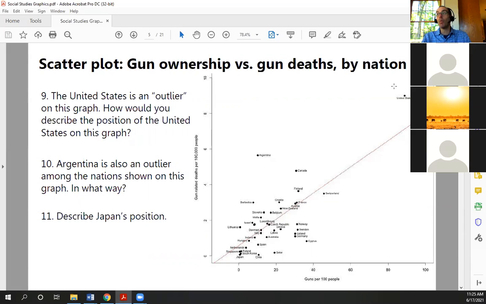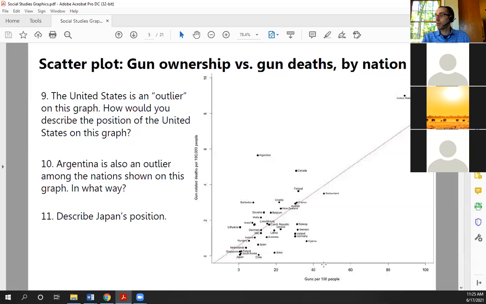And then there's one way out alone, which means it's all measuring the same thing per country, but America has a very different set of information, right? So our gun-related deaths per 100,000 people is much higher than even the second highest, which is Argentina.